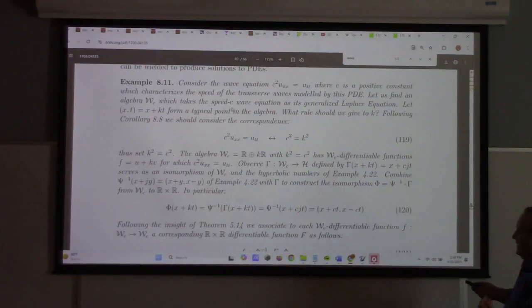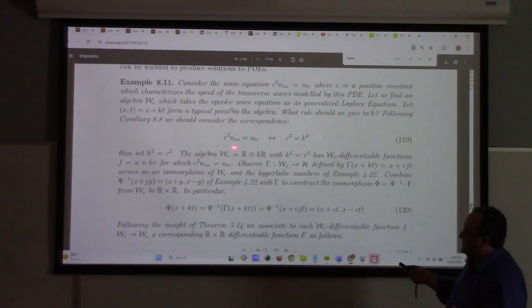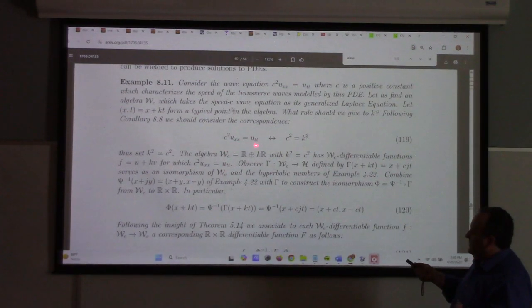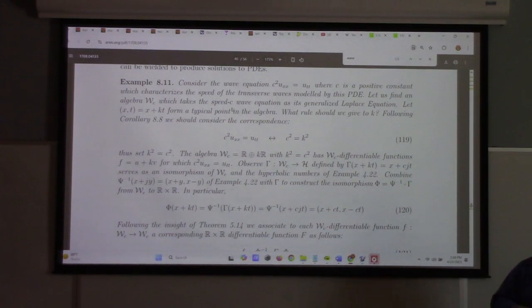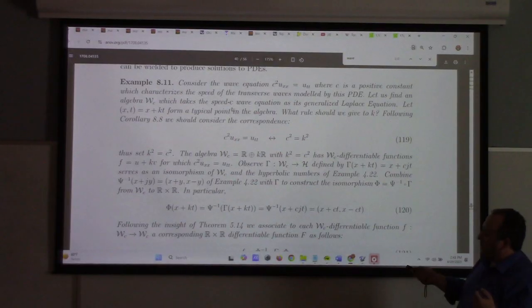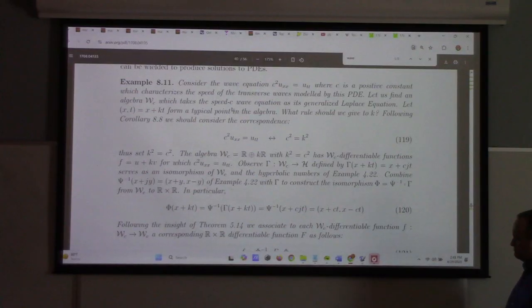And so I'm saying if I want c squared uxx to be utt, that in the algebra makes me think I want a k squared equal to c squared, where k is the algebra element and c is just a given constant, the speed of the wave that we're interested in. So this makes me think of looking at an algebra of the form WC, where it's the reals plus k times another copy of the reals, where this algebra element k has k squared equals c squared.